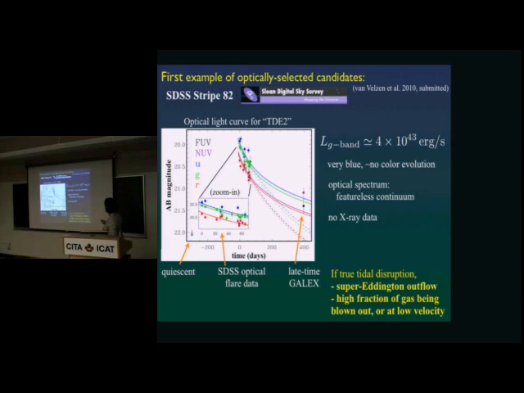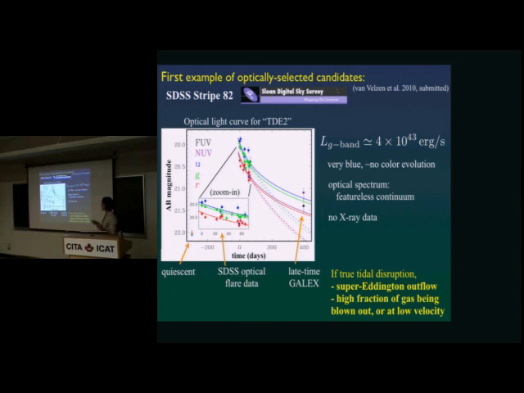The event reaches a maximum g-band luminosity of order 4 by 10 to the 43 ergs per second for this example event, and the other one is fairly similar. The color is very blue, and there's no color evolution. They managed to get an optical spectrum shortly after they detected the flare, because it was thought to be a supernova initially, and they found a featureless continuum. Unfortunately, there's no X-ray data on this event.